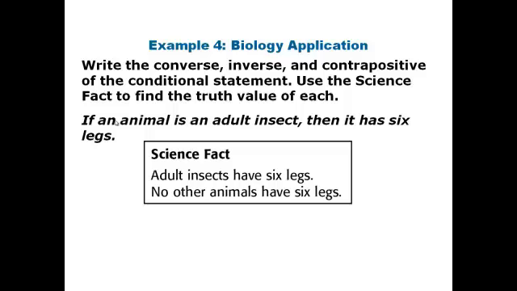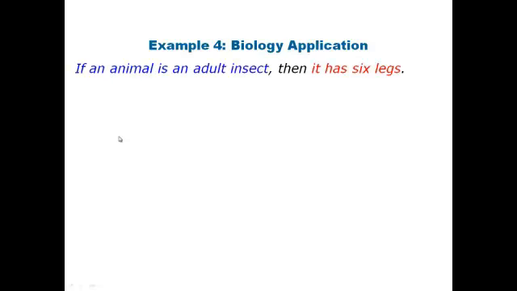It has 6 legs. Now we have this science fact, we will be coming back to this. But first of all, let's find the truth value of this conditional statement. It says adult insects have 6 legs. No other animals have 6 legs. So let's look. If an animal is an adult insect, then it has 6 legs. That is a true statement.